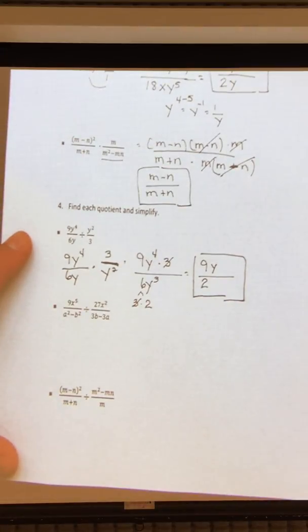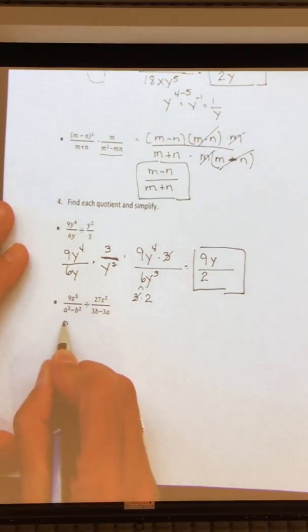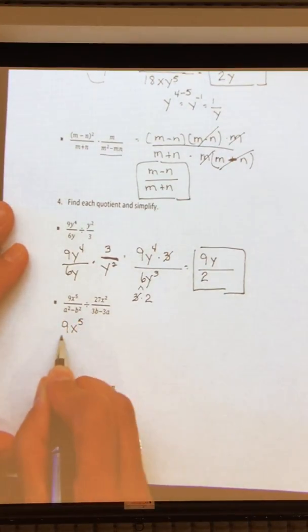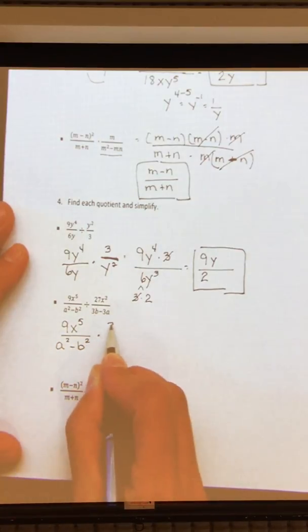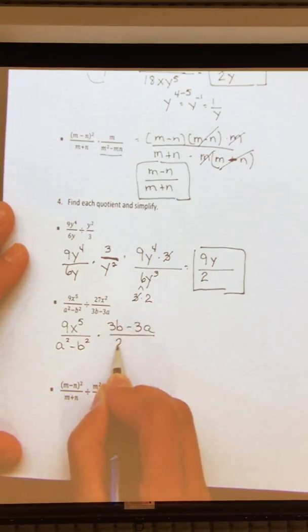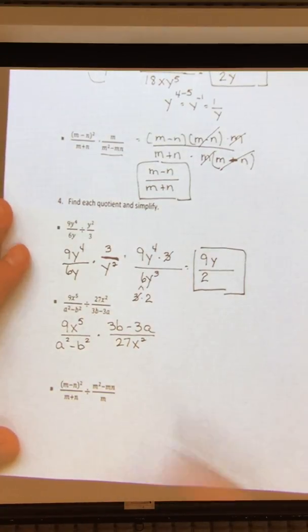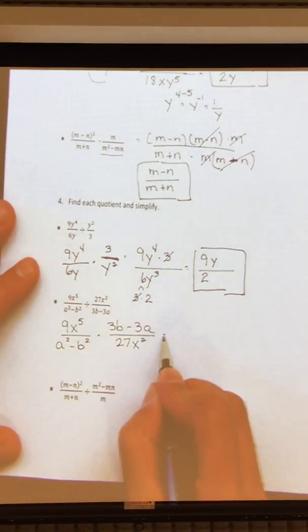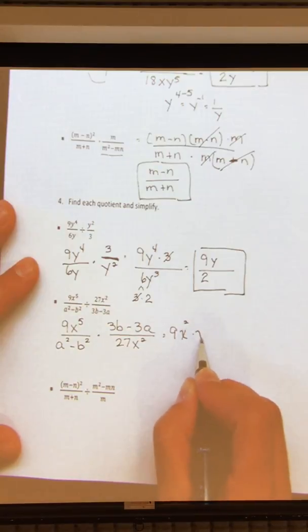The second problem of number 4 is another division. So you want to flip the second fraction. So you have 9x to the 5th over a squared minus b squared times 3b minus 3a over 27x squared. So here 9x to the 5th, we can simplify that as 9x squared times x cubed.